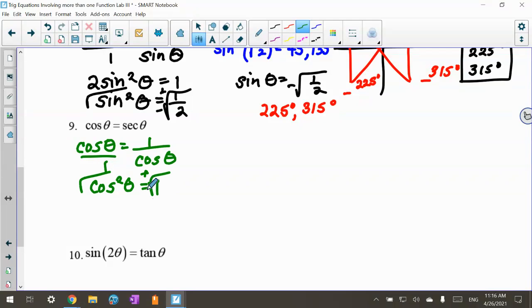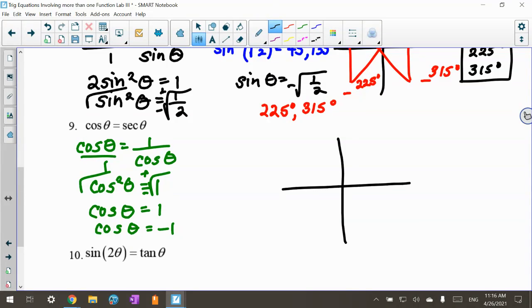Don't forget the plus or minus. So I have cosine of theta equals 1 and cosine of theta equals negative 1. So those are my 2 equations. This one is actually kind of simpler because I know that these are on the quadrants. So let's write all this. This is 1, 0, 0, 1, negative 1, 0, 0, negative 1.